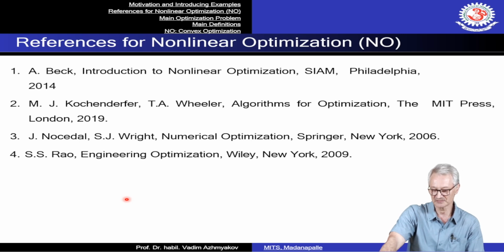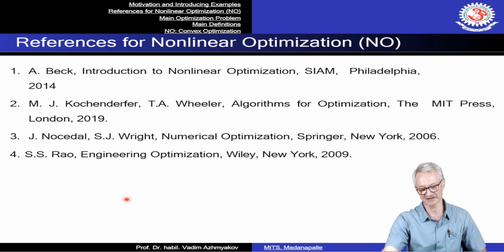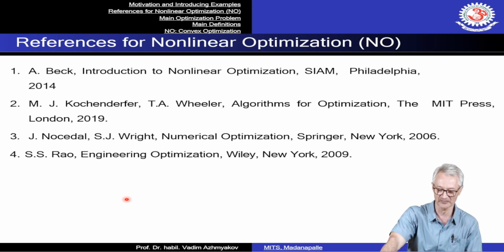For example, Introduction to Nonlinear Optimization, a book published by SIAM. And this is a really very nice introduction, book number 1. The second book is a collection of algorithms that are presented in the book of MIT colleagues.